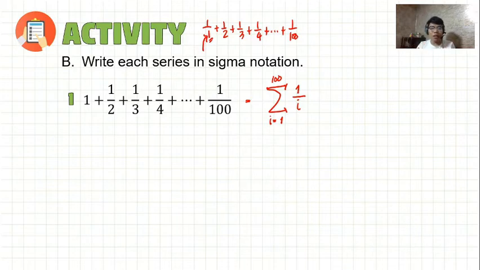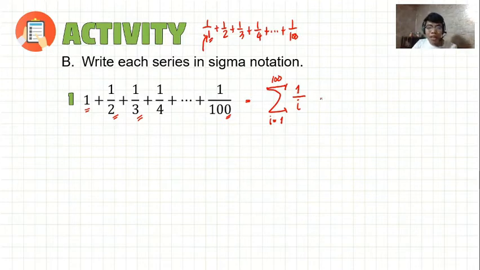So the apparent pattern that you will get is 1 over i. i is the one that changes. So if you try to substitute i equal to 1 first, you will now have 1 over 1. That is 1 here. Right? Next, i is 2. So 1 over 2. So you have plus 1 half. Then 1 third. And so on. Until the last term should coincide. So 1 over 100, so you have 100 here.